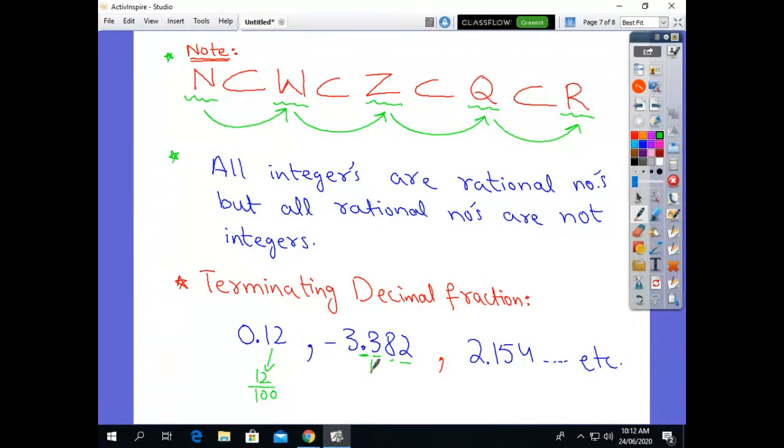Similarly, we convert 3.382 to 3382 over 1000: instead of the point we write 1, and there are 3 digits after the point, so we write 3 zeros. Similarly, we write 2154 over 1000. It's also converted into p over q form. That's why all these terminating decimal fractions are rational numbers.